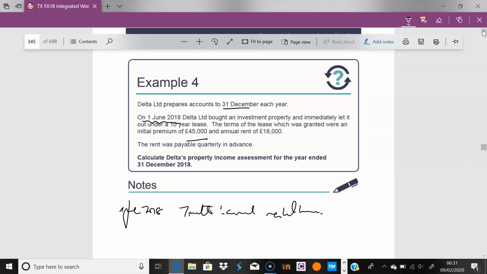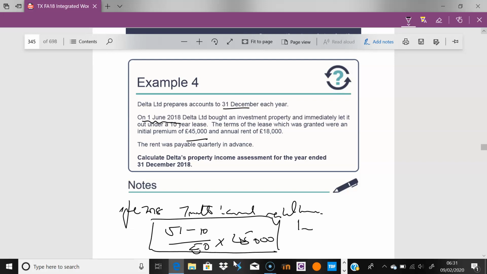Initial premium of 45,000 is a 10-year lease. So you have 51 minus 10 over 50 times 45,000, right? That's the lease income, or the income element of the premium that we must recognize straight away. The rest is capital, but we must recognize this straight away.